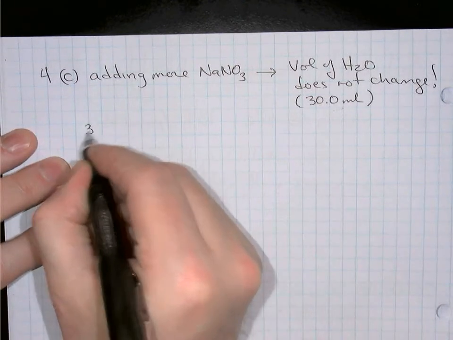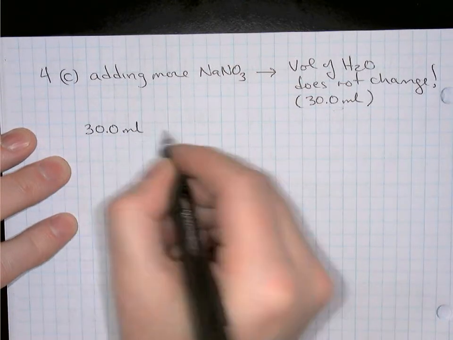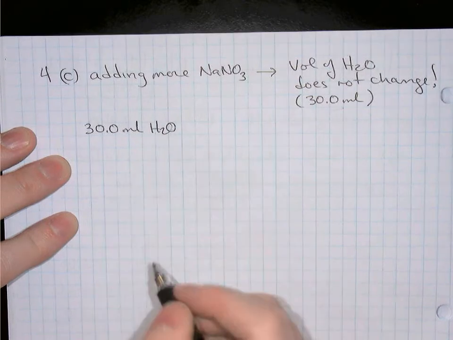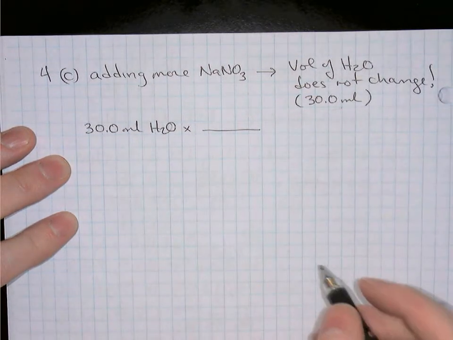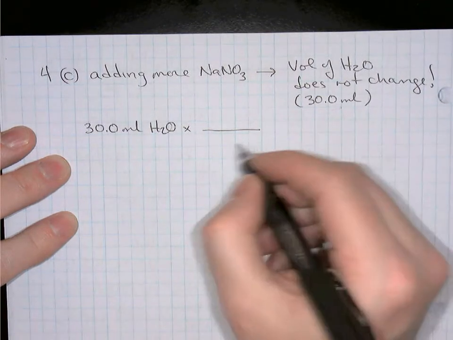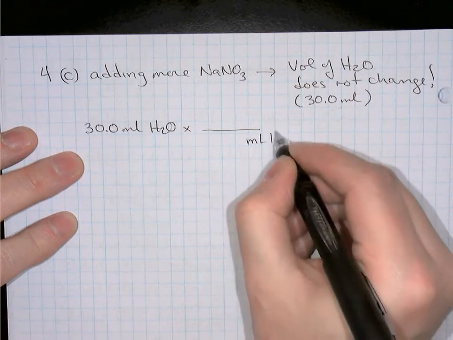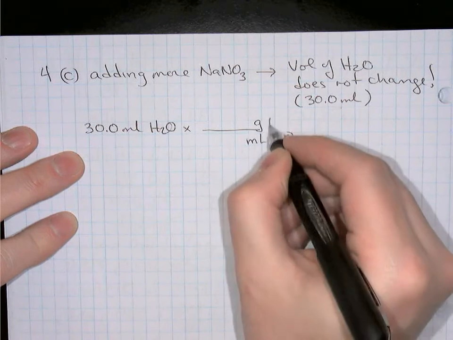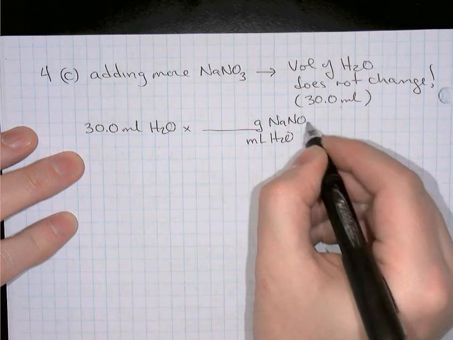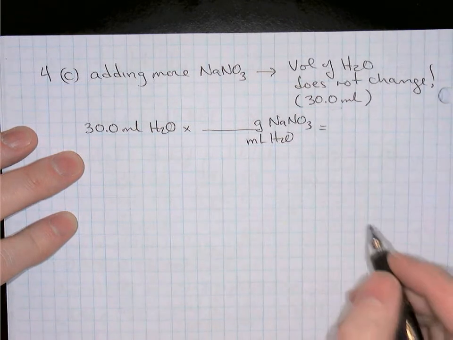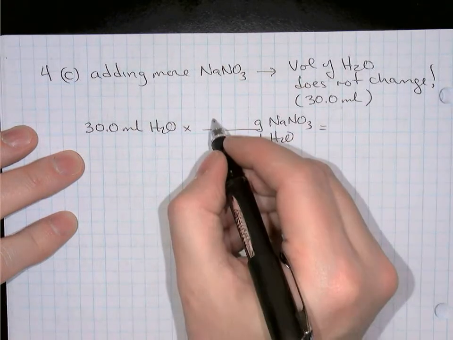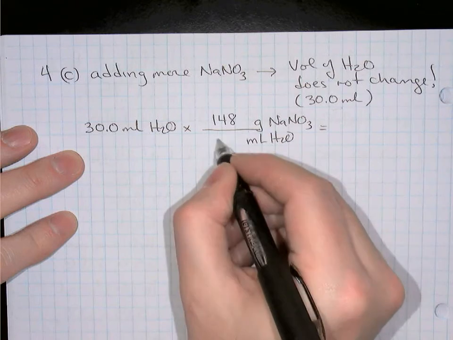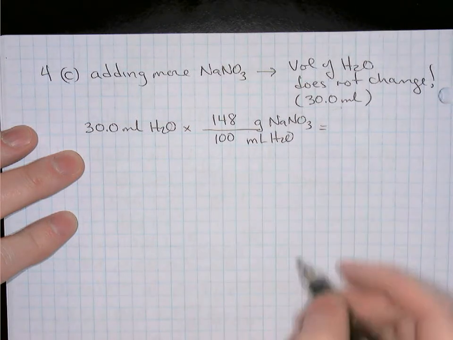So I'm going to take my 30.0 milliliters of water, because it's not changing, and I'm going to use the solubility, just like we did in an earlier part of this review. So we'll get rid of the milliliters of water and find grams of sodium nitrate. Now, if you understand what we were doing earlier, you understand what this is. This is the solubility, which was 148 grams for 100 mL of water.